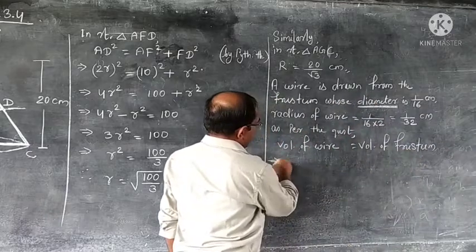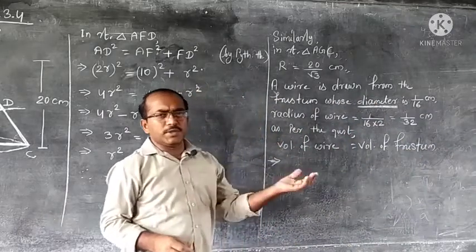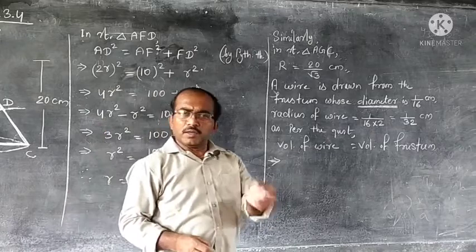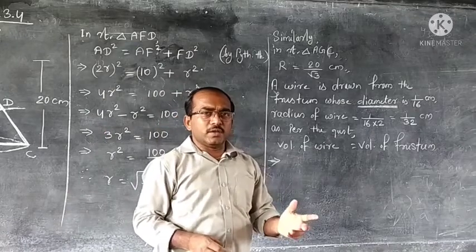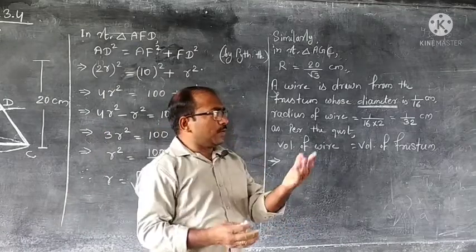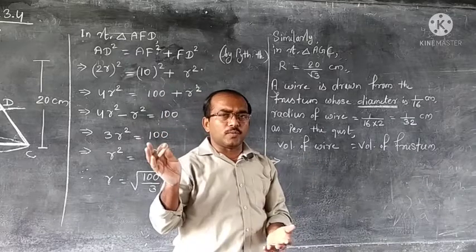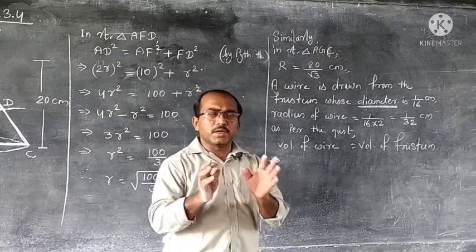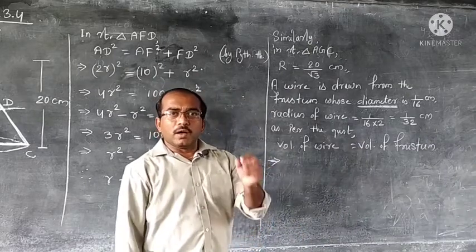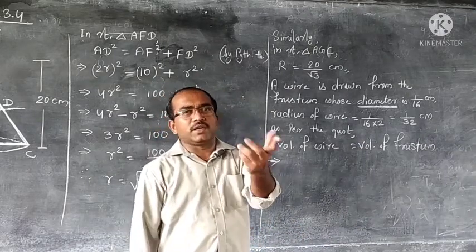So the wire, what is the shape of it? We have been seeing the wire. It is in the shape of a cylinder. You may be seeing the wiring done of your electricity wiring at home or any other kind of wire. It has a cylindrical shape. Even our hair has a cylindrical shape.